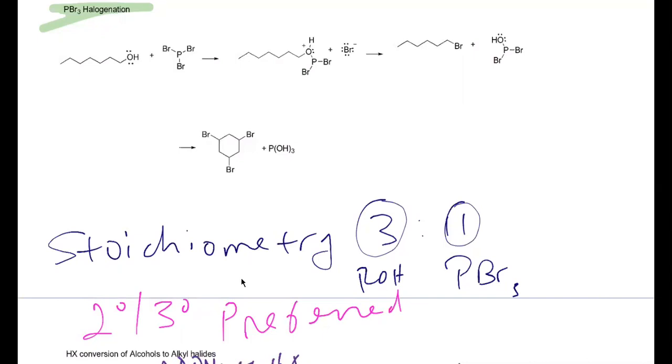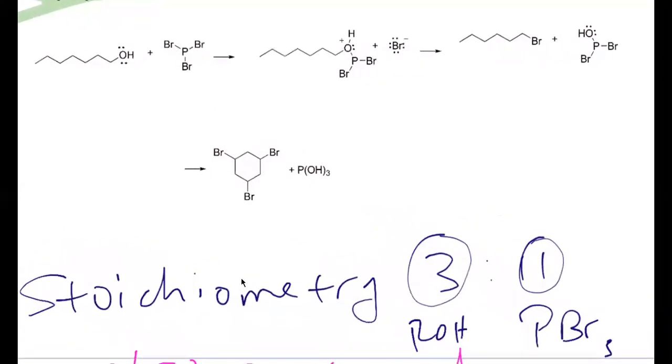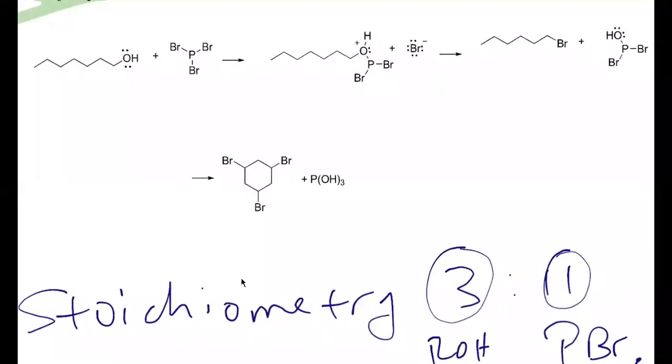Once we go through this mechanism that's shown up top, you'll understand why it's 3-to-1. All right. So let's just use some logic. How do we get from here to here? If you just look at what's there, what do you think happened?